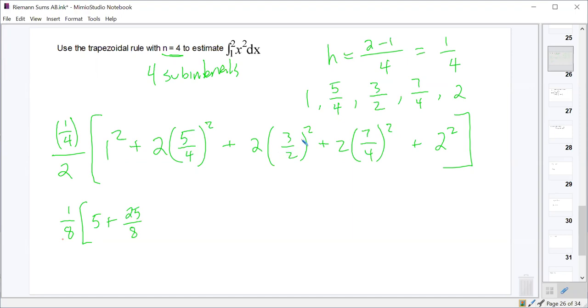And this one is 9/4 times 2, which is 9/2. And this one is 49/16 times 2, which is 49/8. And if you add all those together, what does that come out to be?